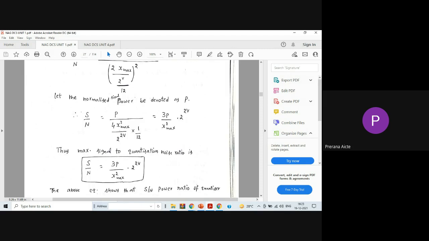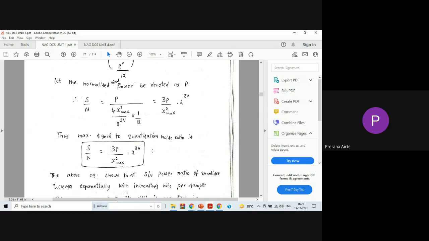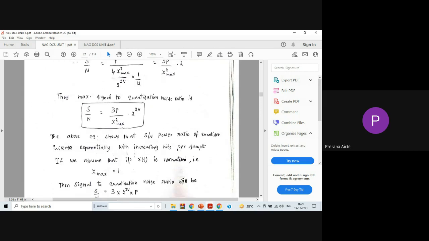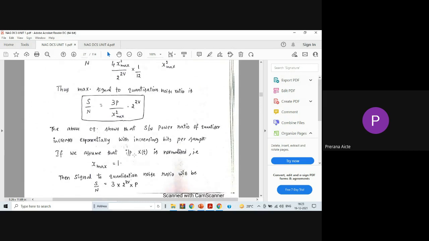So finally, the signal to quantization noise ratio of PCM is 3 into P by X max square into 2 power 2V. The above expression says that the signal to noise power ratio of the quantizer will increase exponentially whenever we increase the bits per sample.